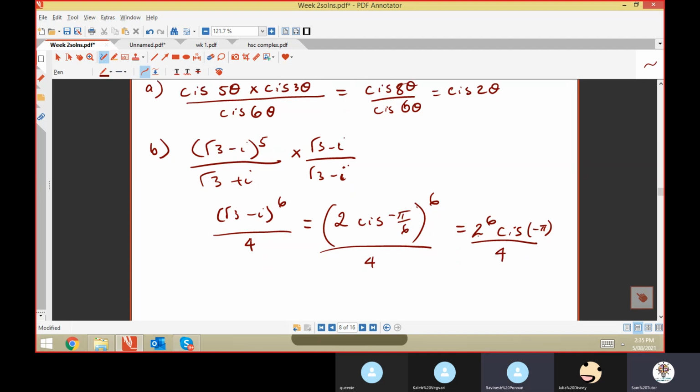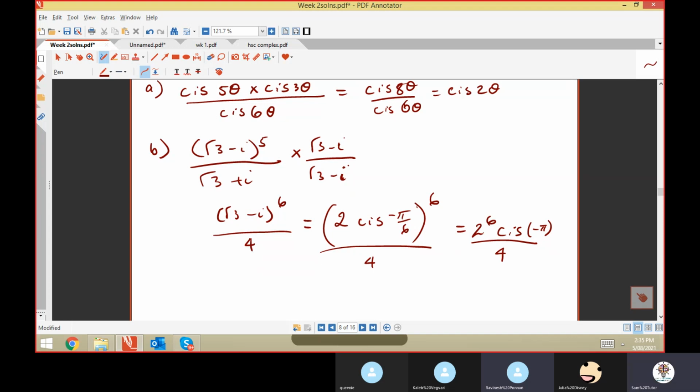And then 2 to the power of 6 is 64, divided by 4 is minus pi.